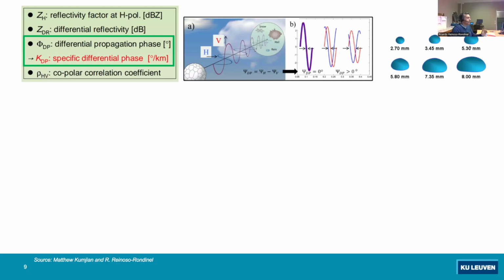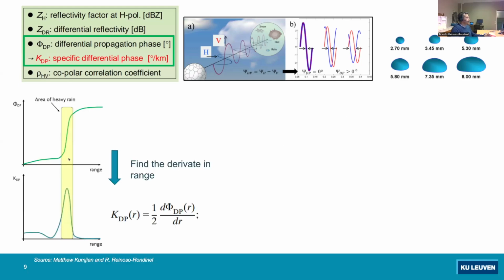Here is an example: at the beginning there's no object, so the two signals are on top of each other. And as the radar signal travels along the path, you'll see this differential phase start increasing.